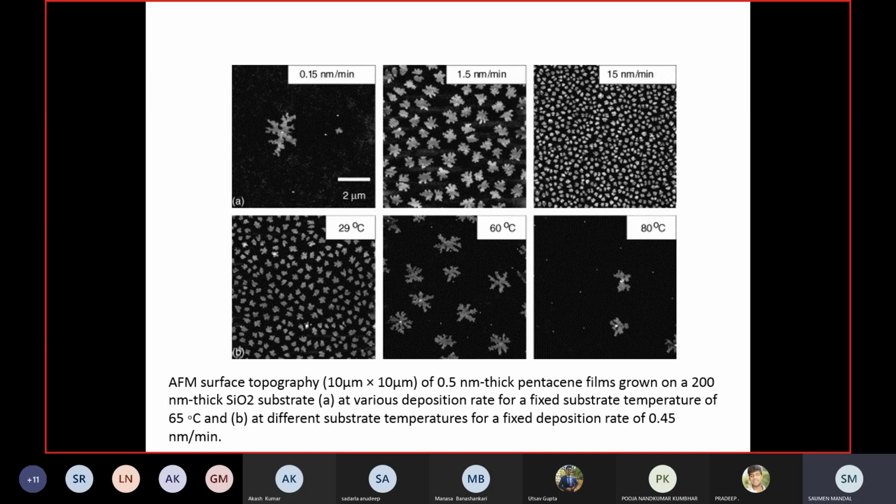And now the question is, you might be thinking, does morphology matter? In electronics applications, it does matter. I'm giving one example. Say you deposit one class of material called transparent conducting oxide. Like in your smartphone, there is a material called indium tin oxide.